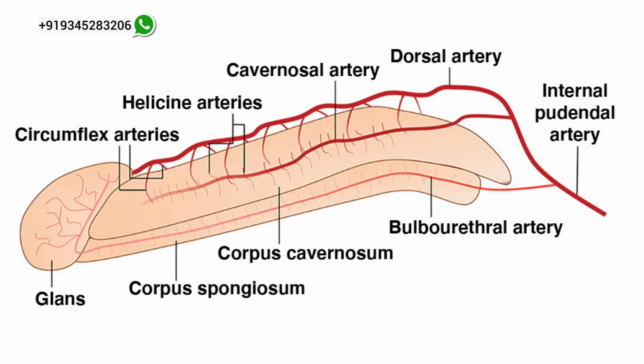The main component involved in bringing the blood inside the penis is the penile artery. The penile artery has two things: one, the vessel wall, and the second, the innermost lining of the vessel, which we call the endothelium.